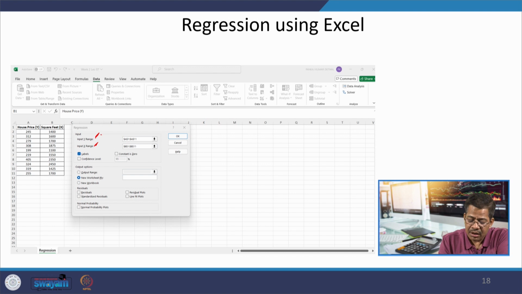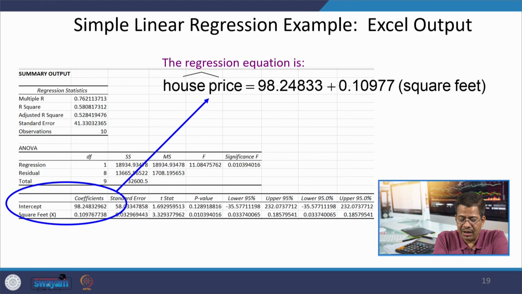Y range means the dependent variable, x range means independent variable, and therefore, we have given the appropriate address for both these ranges, A1 to A11, B1 to B11. We have also clicked the label, because A1 and B1 contain the label of the data, house price and square feet respectively. And then we have clicked OK, and then we can see the regression outcome.